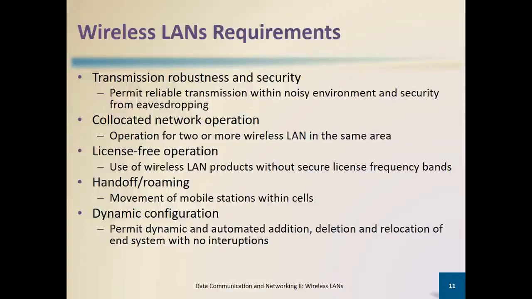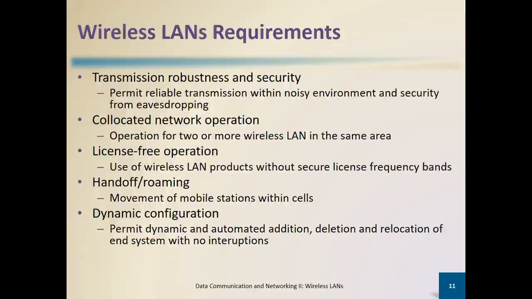Because eavesdropping and security in general is a huge problem with wireless transmission, especially if you're transmitting sensitive information, like bank transactions, via point-to-point radio links from maybe the HQ, head office or headquarters, to branch locations. Robustness and security is a huge requirement over here.